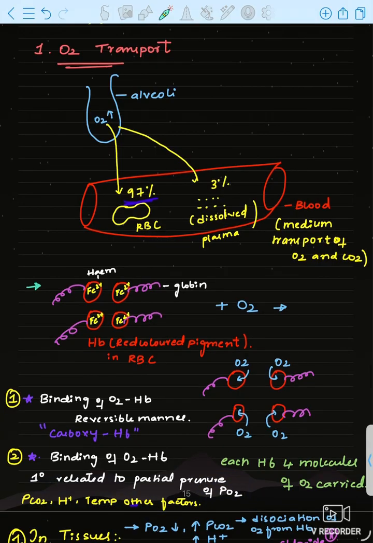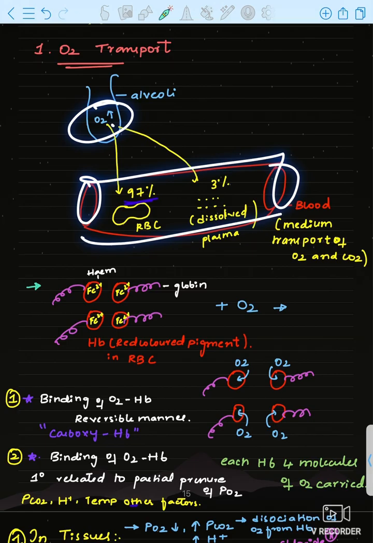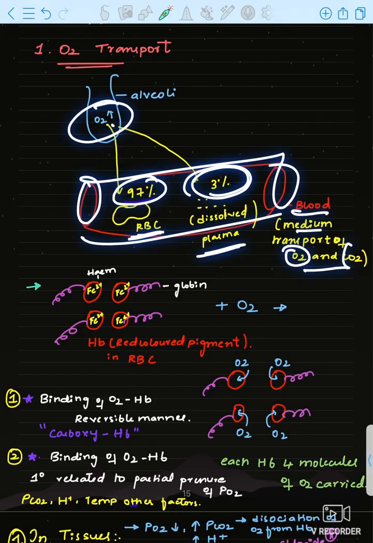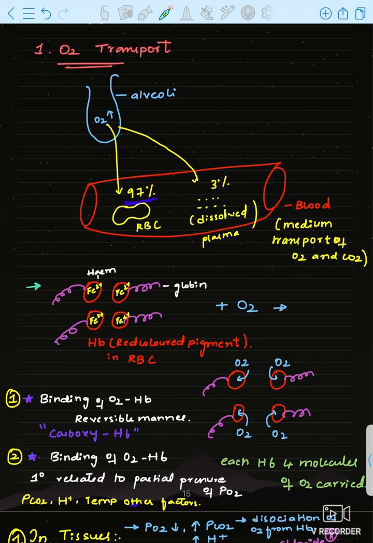Just remember in this slide, oxygen goes from alveoli into the blood. 97% will be transported by RBC and 3% dissolved in plasma. Blood is the medium for transport of O2 and CO2. In RBC, the hemoglobin molecule is there, that is the red colored pigment. Hemoglobin has 4 heme parts and 4 globulin chain parts.